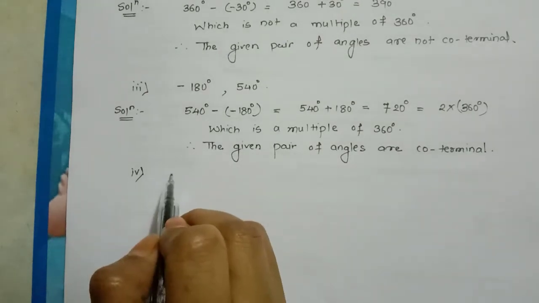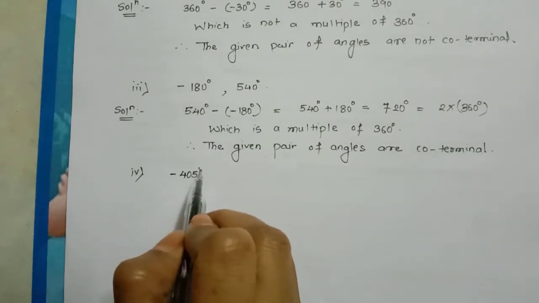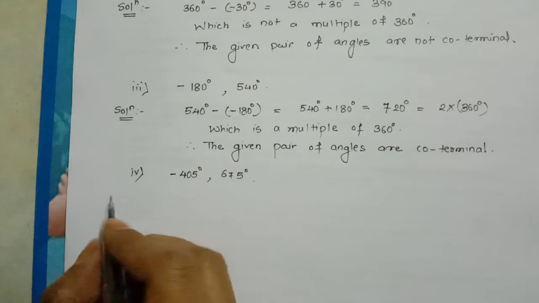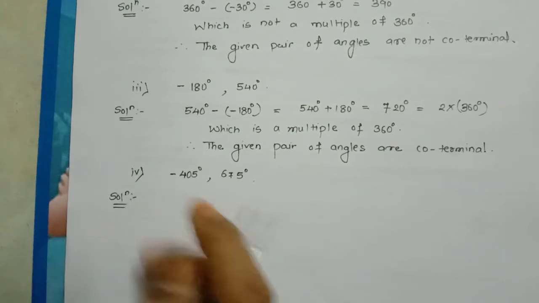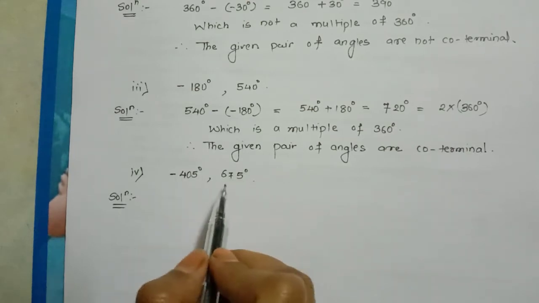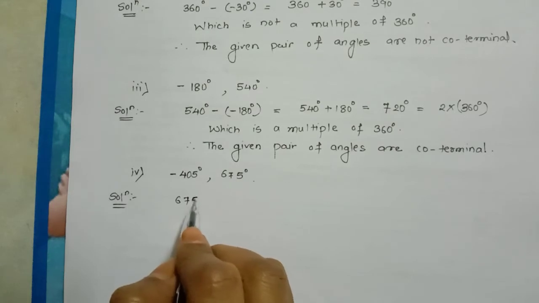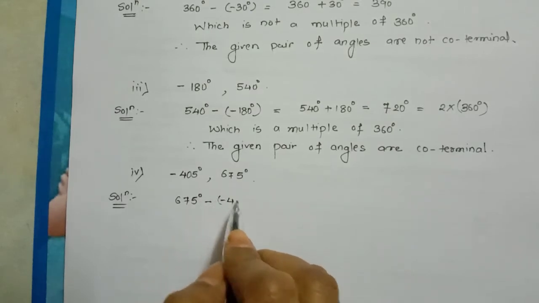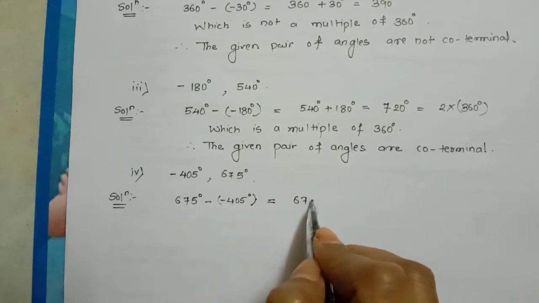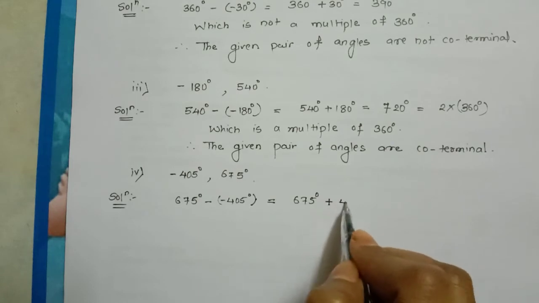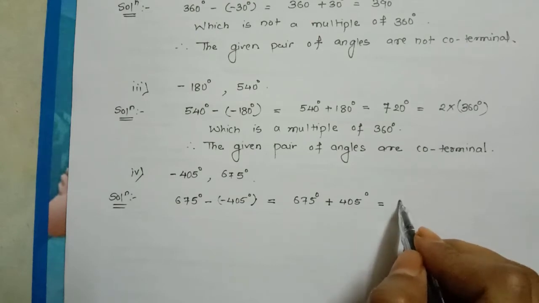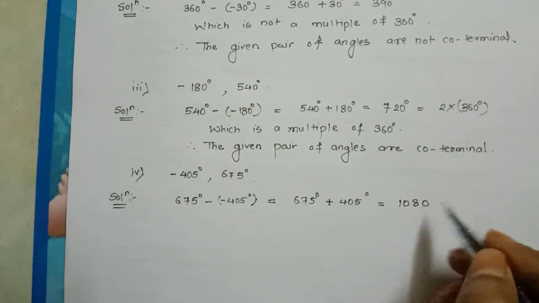Okay, now let's move to the fourth sum also. The angles for this fourth sum are -405 and 675 degree. So these are the two angles. Let's check whether the difference of these two angles is a multiple of 360 or not. Again we have to write the greater one, that is 675 degree minus of -405 degree. We'll open the bracket, so it will be minus minus plus, and the addition of this will be equal to 1080 degree.